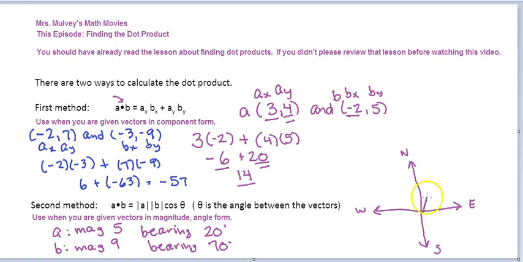And so vector A, magnitude means the length of the vector, it's 5, and this angle in here is 20 degrees. Vector B has a magnitude of 9, so it's a little bit longer than A. In fact, let's make it a different color so we can distinguish between the two.